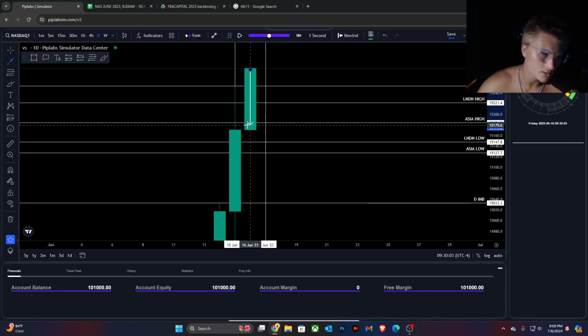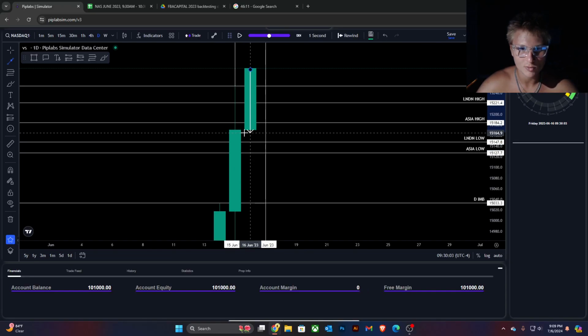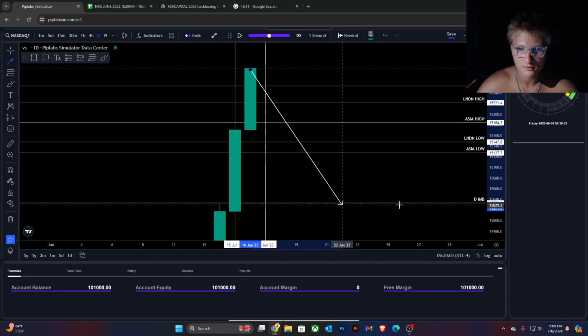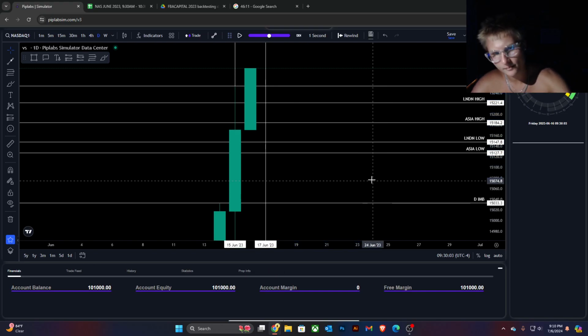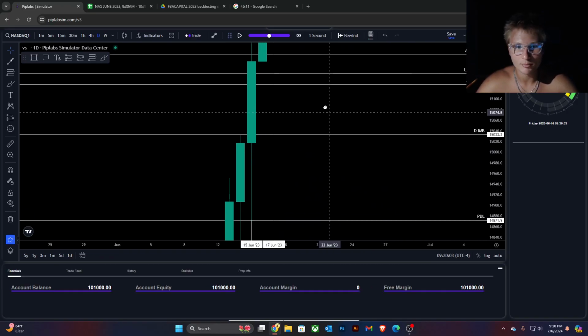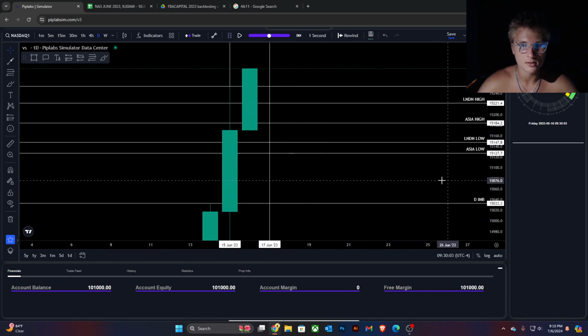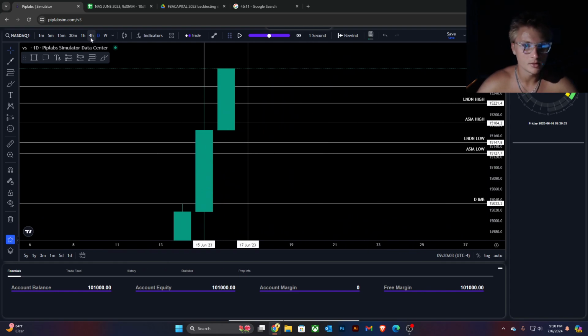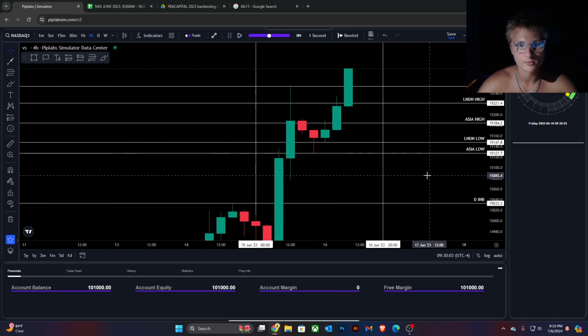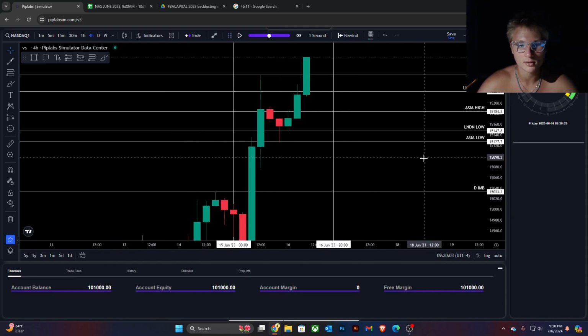I'm really expecting any type of bottom wick here on the daily, even a small one like this, but ideally filling this daily imbalance. But that's something to keep in mind. Having a daily with no bottom wick means that there is high probability for a retracement to create that bottom wick on the daily.